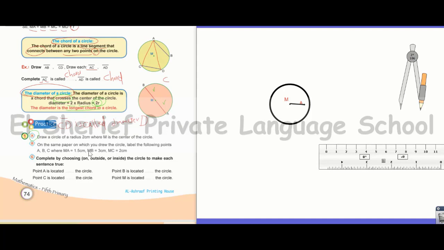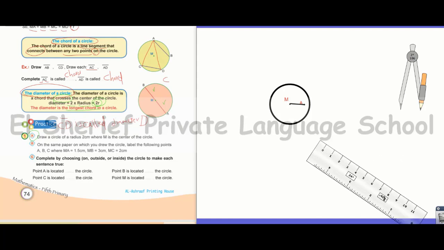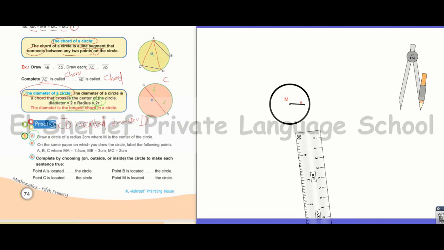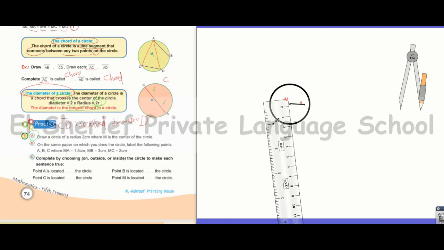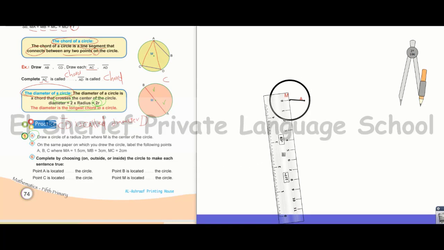Then we draw MB equal to 3 centimeter. We put 0 on the center M, then B. MB equals 3 centimeter.